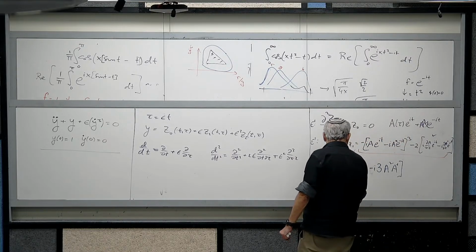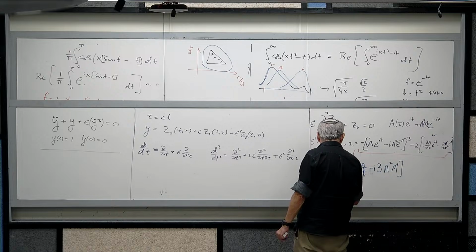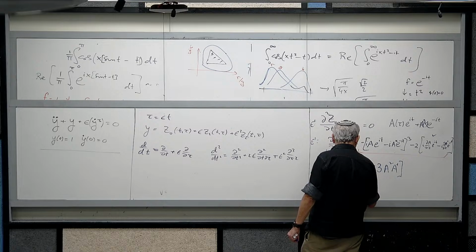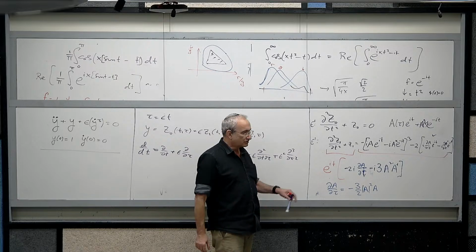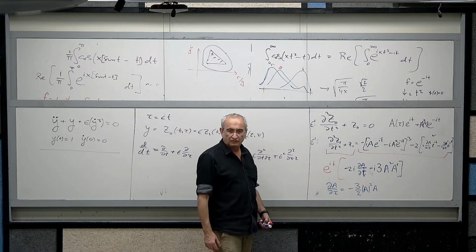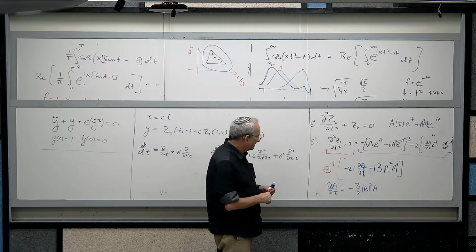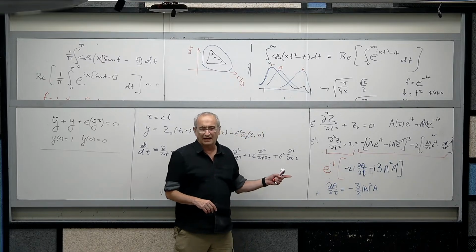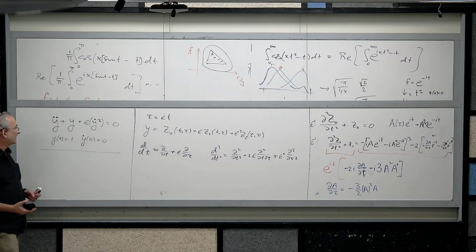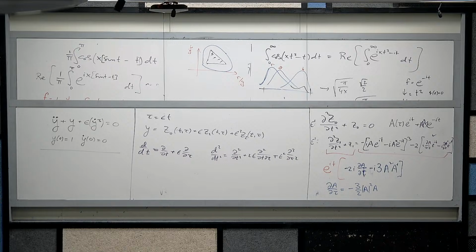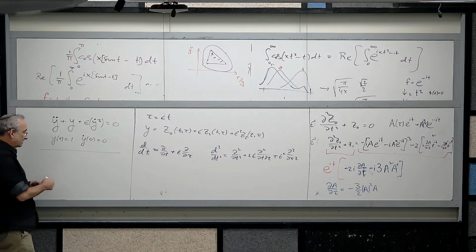So what we have obtained is an equation: dA/dτ is equal to minus 3/2 |A| squared times A. Note that it's very close to the equation that we got last time, but there are differences in the i's. Then I think there was a relative i between the two. We still continue with the same strategy.